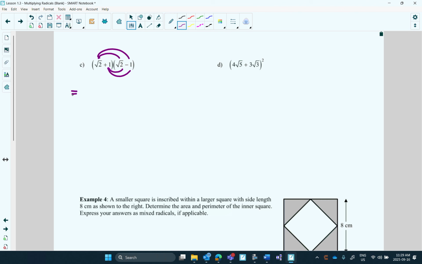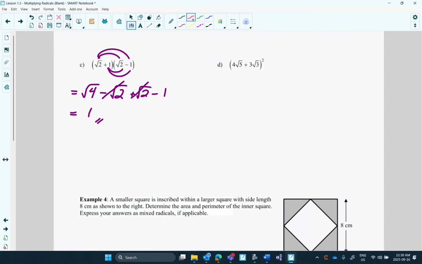What's root 2 times root 2? 2. Root 2 times minus 1 is negative root 2. 1 times root 2, which means those cancel each other out. Positive 1 times negative 1. 4 is the same as, this is 2, minus 1 is 1.